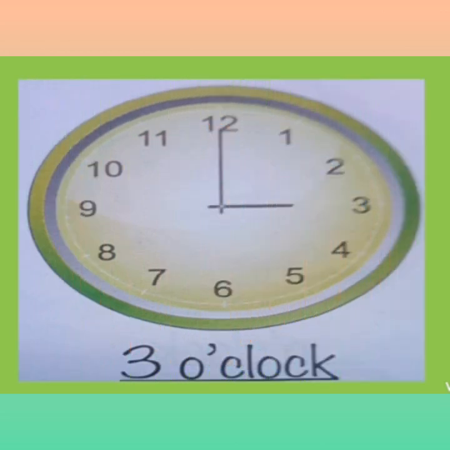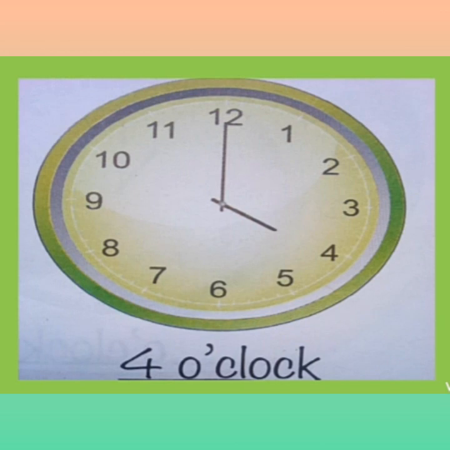The time is 3 o'clock. How do you know that? Because the long hand is at 12, while the short hand is at 3. What is the time? The time is 4 o'clock. How do you know the time is 4 o'clock? Because the long hand is at 12, while the short is at 4.